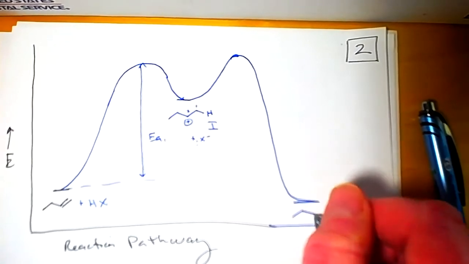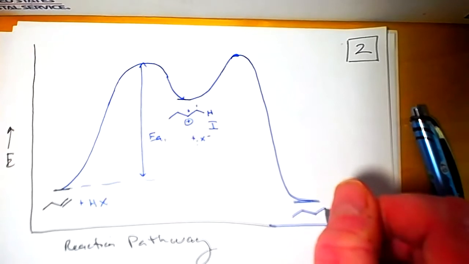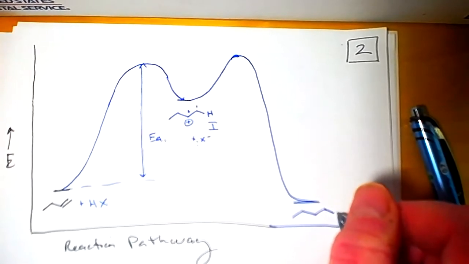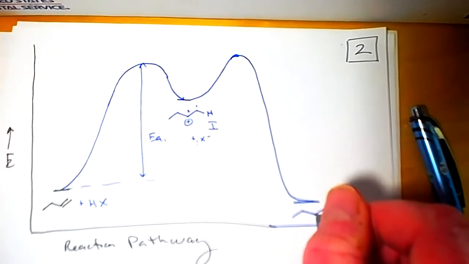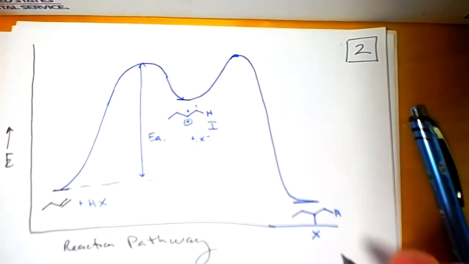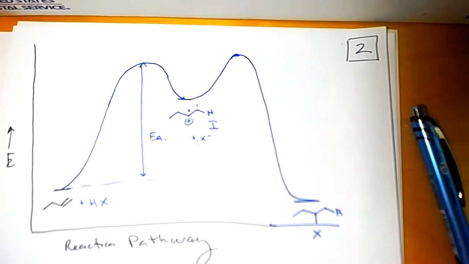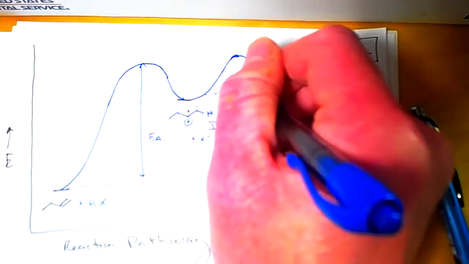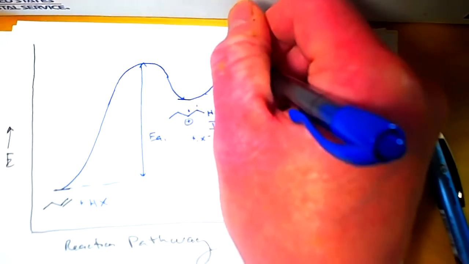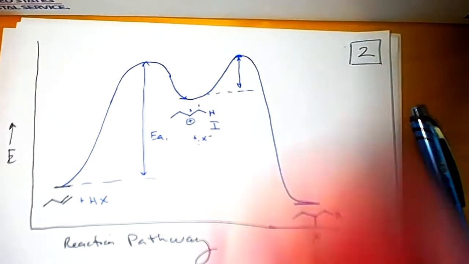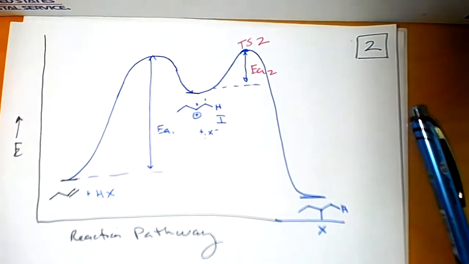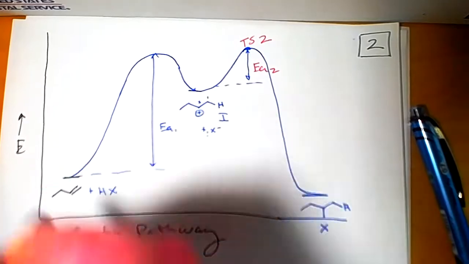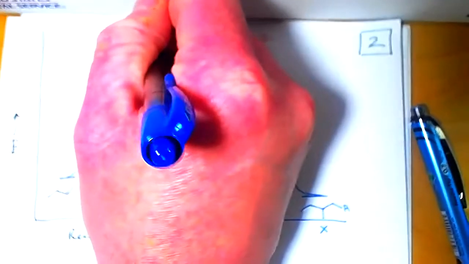Where now you have your hydrogen that you have added here, and your halogen you have added at this position. And this is where we have our second transition state. So this is our energy of activation 2. Okay, so this is for transition state number 2, and this over here is for transition state number 1.